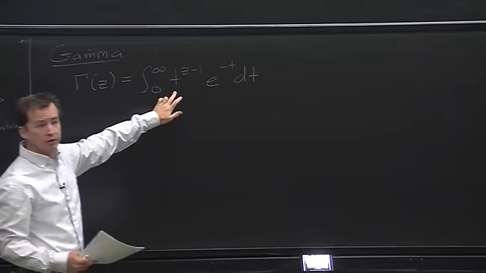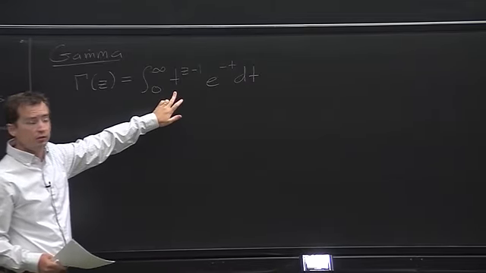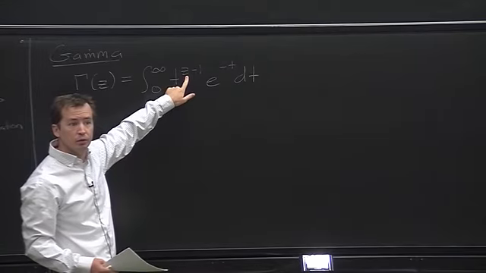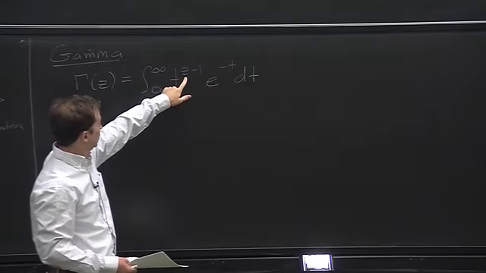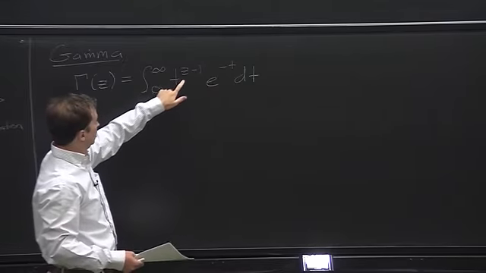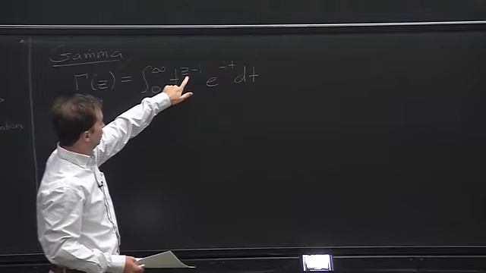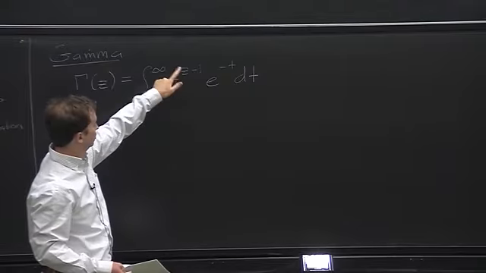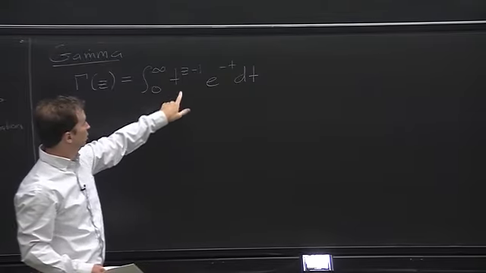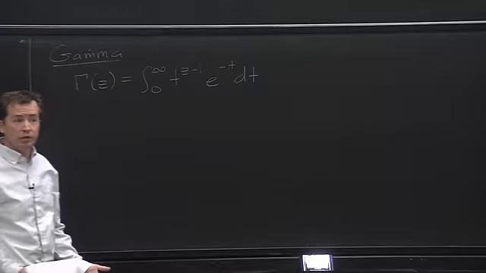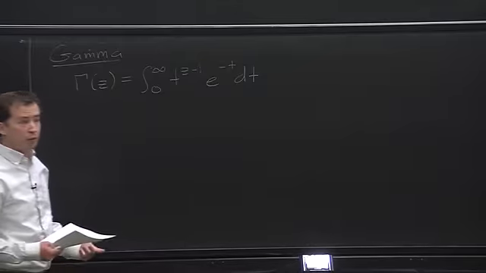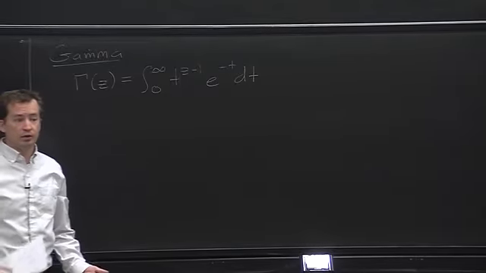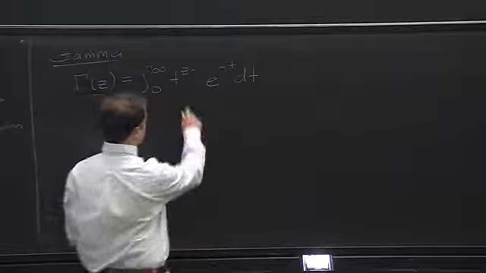But at the lower limit of integration, there is a reason to be concerned. If z is too negative, or in the case that z is real, if in particular z is less than 0, then near 0 the integrand will look like t to a power that's less than -1, which is not integrable.